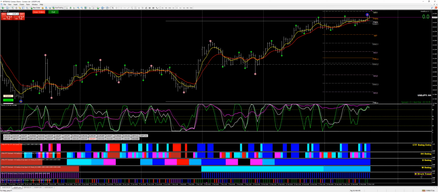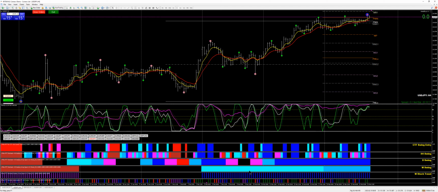The only difference between this and this is this one takes into account the overbought, oversold, and the 50 level, whereas this one just goes, where's my swing? That's it. Okay, and this one you don't need to worry about. This is the lower time frame where you don't need to worry about that.